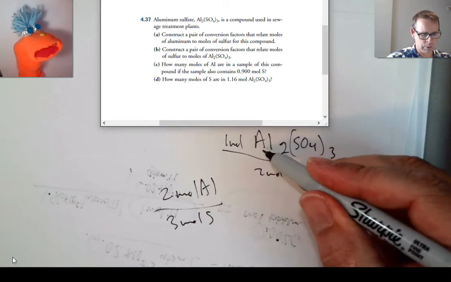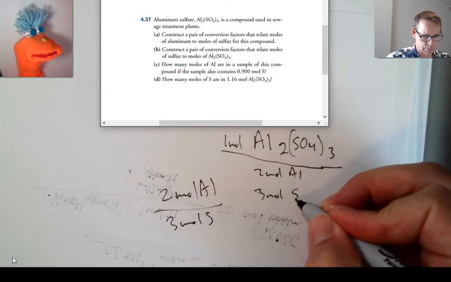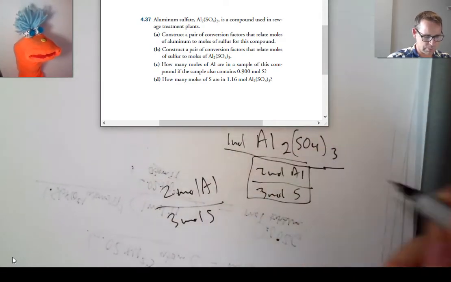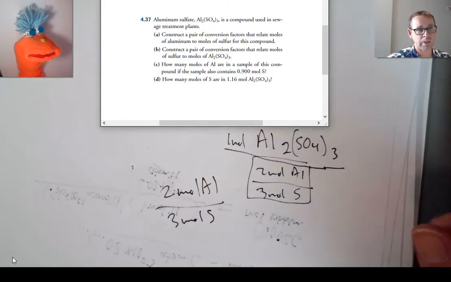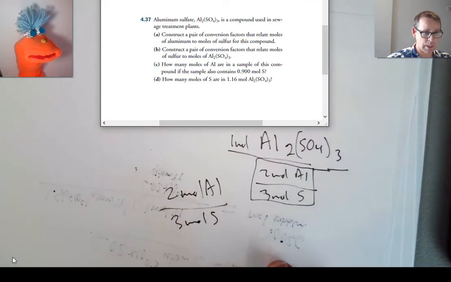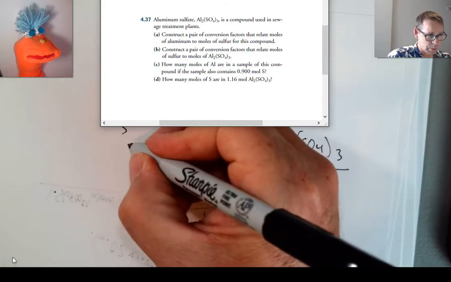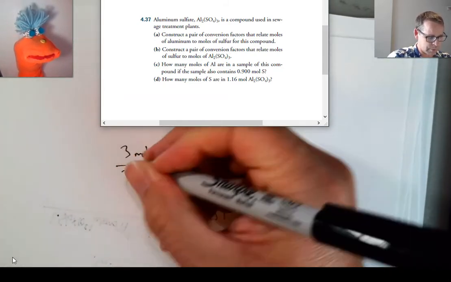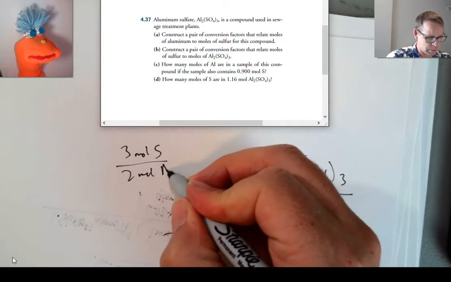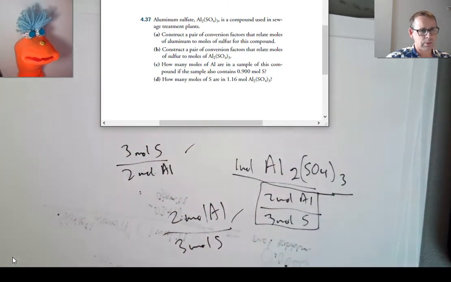Every 1 mole of that stuff has 3 moles of sulfur. That's right, 3 moles of sulfur. So you can also use this as a conversion factor. You could also construct a pair of conversion factors. What we're trying to emphasize here is you can go 2 moles of aluminum for 3 moles of sulfur, but you can also go 3 moles of sulfur for every 2 moles of aluminum. Right, another conversion factor. Okay, good.